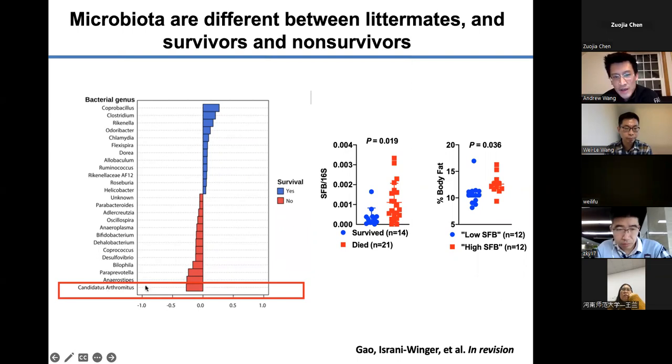And the top hit was one of the SFB bacteria, Candidatus. And we verified this by quantitative qPCR, that those that died did in fact have a slightly higher burden of SFB than those that survived, and were also slightly fatter.